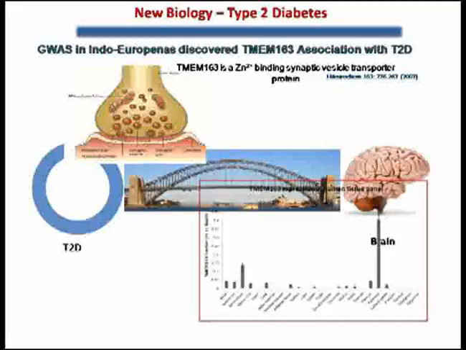Now we know, after working with this TMEM163, which is a zinc-binding synaptosomal vesicle transporter protein, we started working in the animal model, and we saw this protein expression is very high in human pancreas. But it was discovered at least 10 years back as a synaptosomal membrane protein.